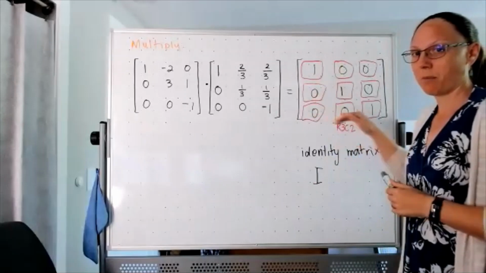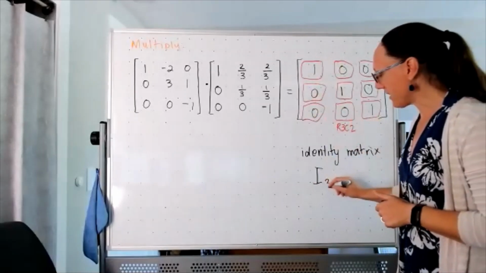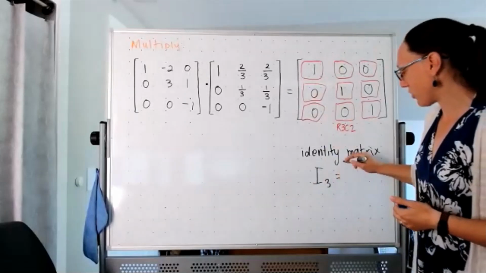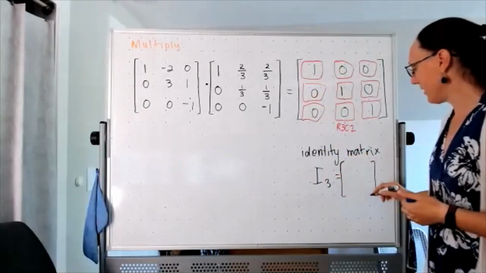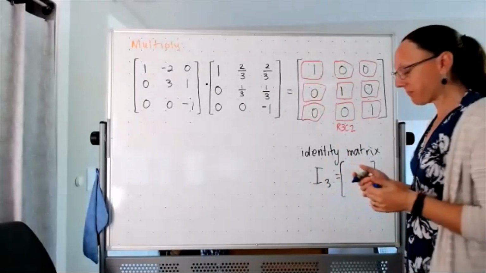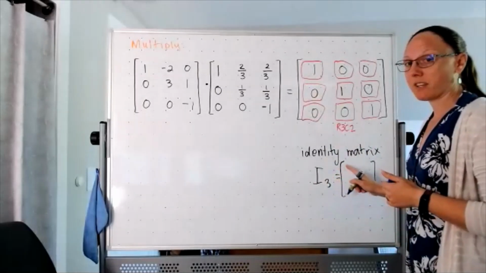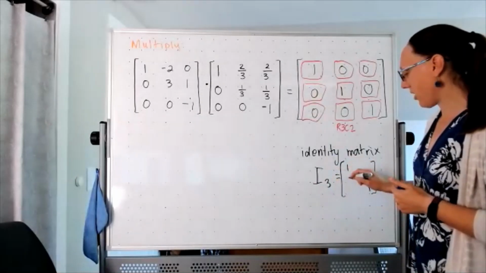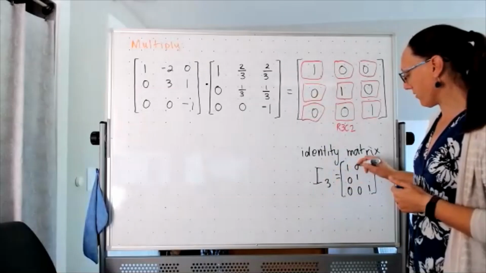Because this is a 3 by 3 matrix, this is I3. Now, what is special about an identity matrix? So the 3 tells me that it's 3 by 3. And for an identity matrix, the primary diagonal has 1s, and there are 0s everywhere else.